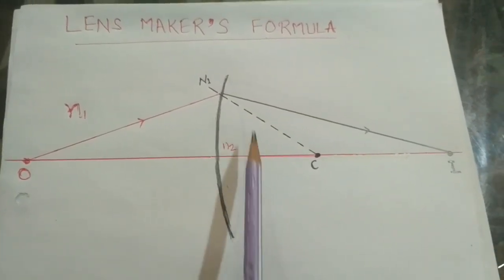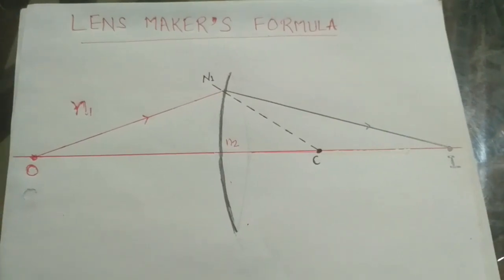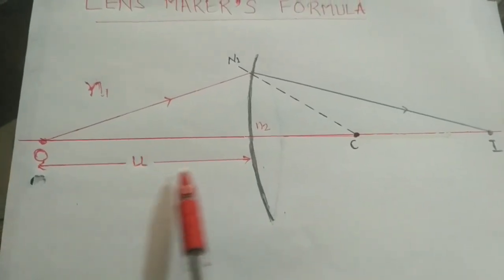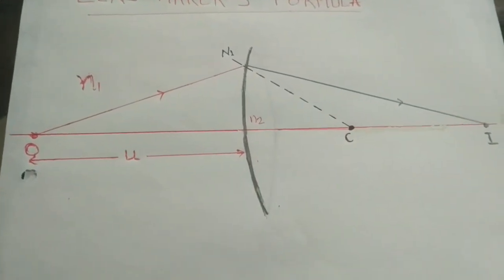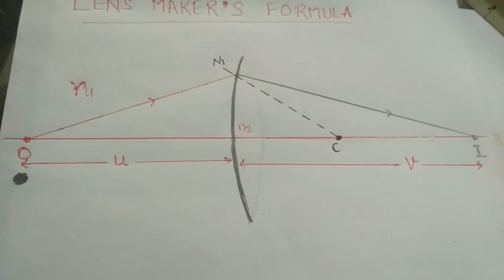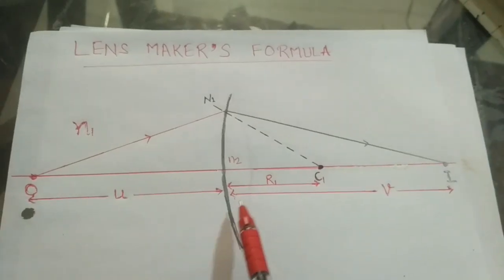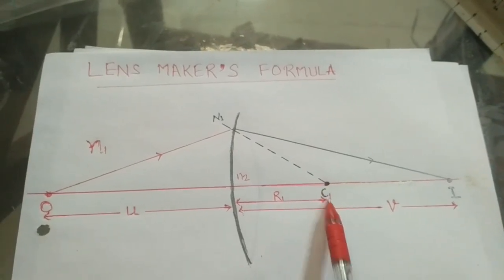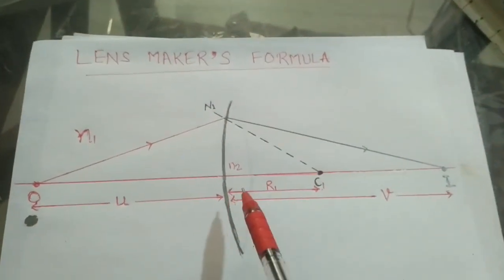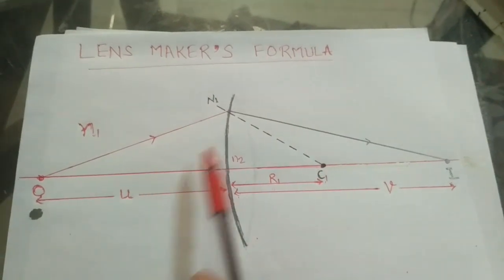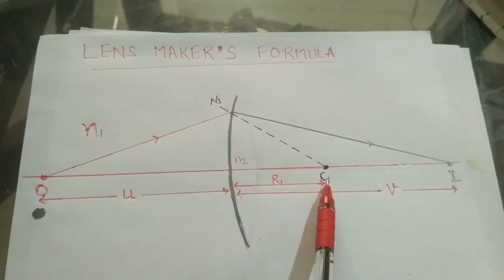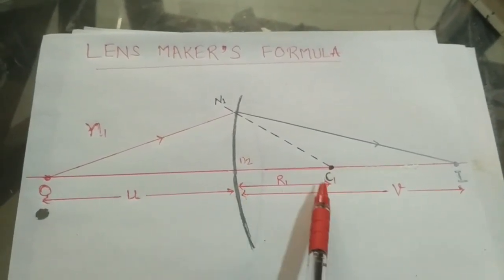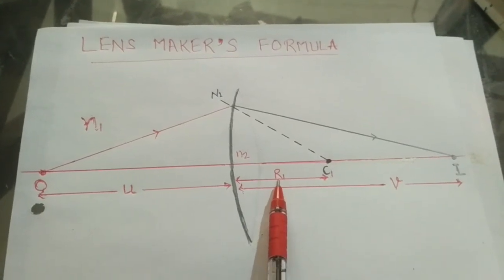So first of all, let's write the positions and the distances. Object distance u, image distance v, the radius of curvature r1. I'm naming this point C1 because there is another surface after some time, and that will be C2. The distance from the pole to the center of curvature will be r1.